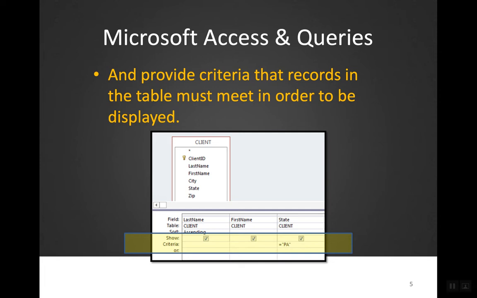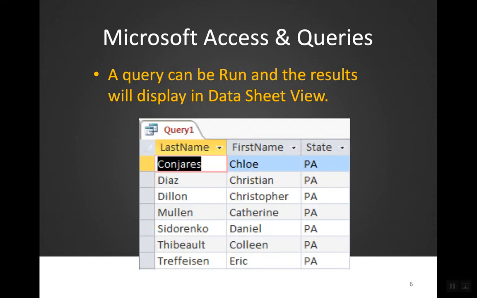All right, so as we say here, provide criteria for records that must be met in order for the results to be displayed, or to be able to select those out of that table. So a query can be run, and basically what it will bring back is something that looks like a table, another table actually, but they call it the result set.